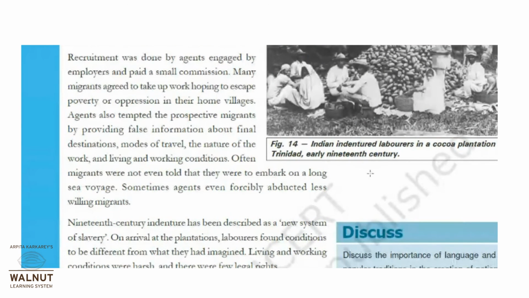But all these things were not told to them, because they feared that the laborers would deny going with them. So forcibly they were taken, they were boarded on the voyages.